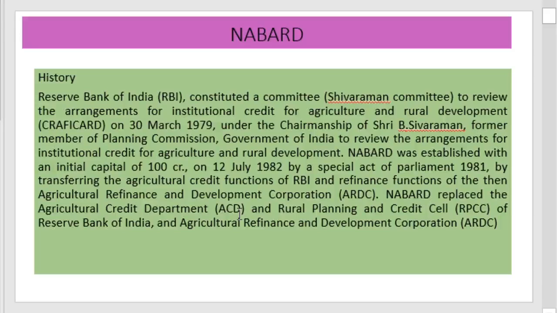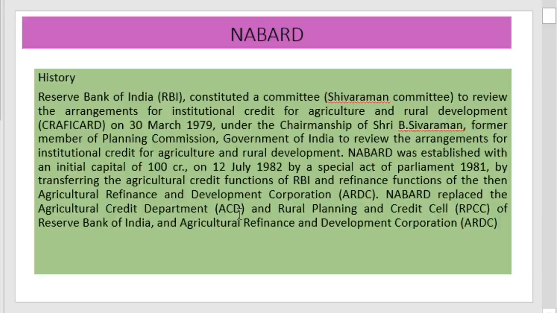As per their recommendation, NABARD was established on 12th July 1982 with an initial capital of 100 crores by a special Act of Parliament. It was established by transferring the agriculture credit functions of RBI and the refinance functions of ARDC, that is the Agricultural Refinance and Development Corporation.